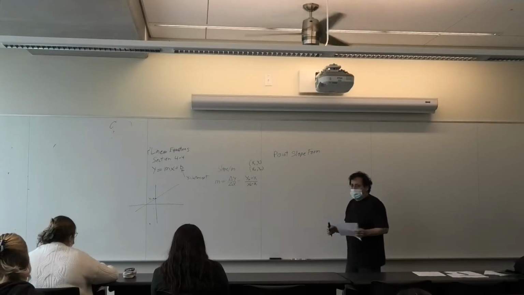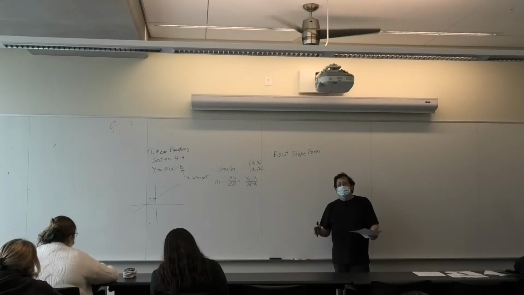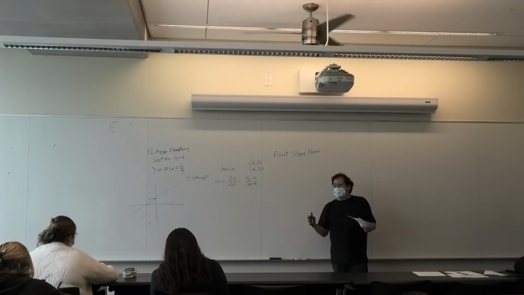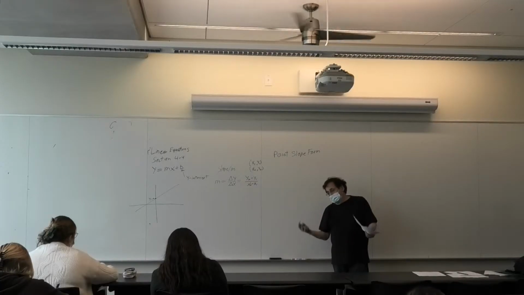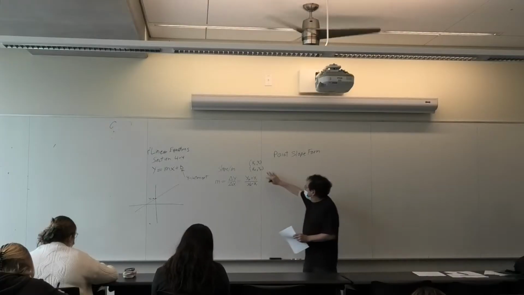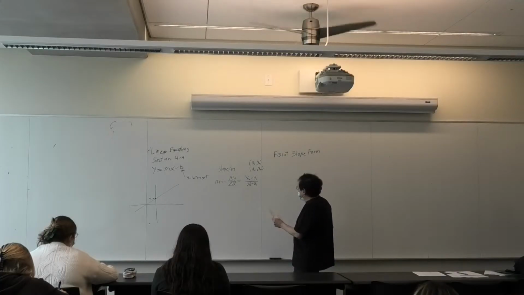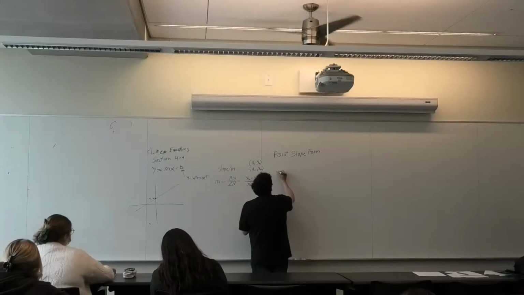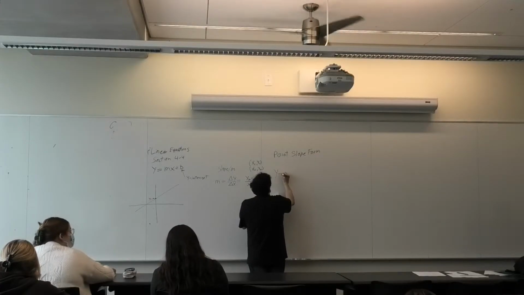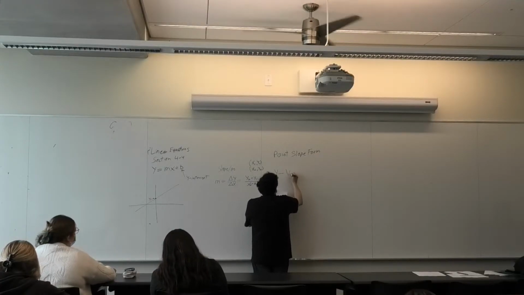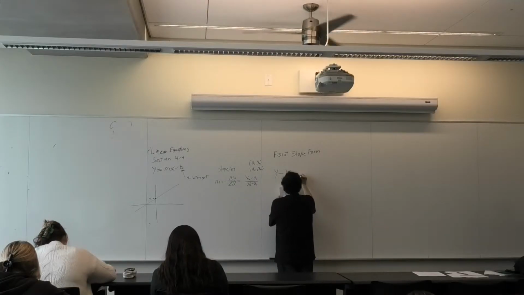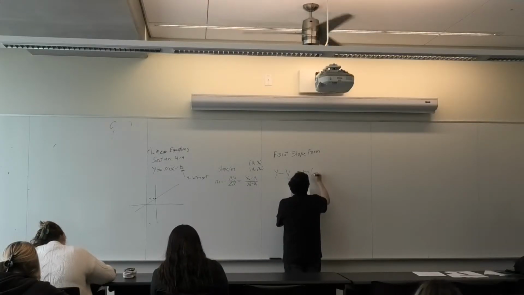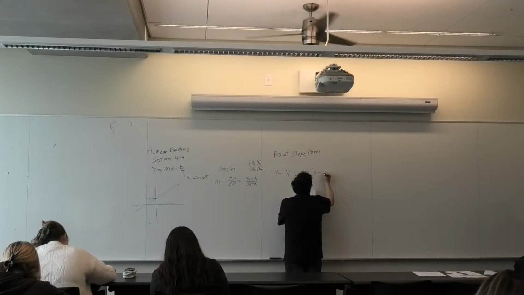And it's really useful if you just happen to have 2 points, like x1, y1, and x2, y2. So I'm just going to write it down, and then we're going to discuss it for a second. It's y minus y1 equals m times x minus x1.